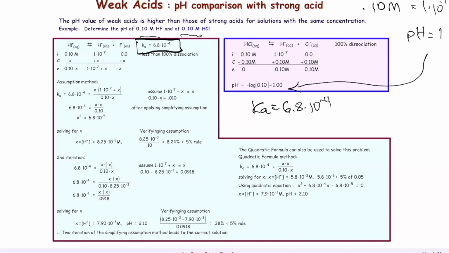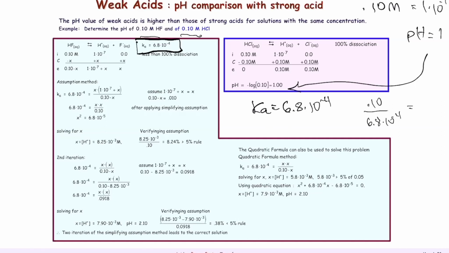Let's see if we can do the simplifying assumption. The initial concentration for HF is 0.10. The Ka is 6.8 times 10 to the minus 4. Let's see what that equals. Remember, in order to validate the simplifying assumption, you take your initial concentration divided by the K equilibrium. If that is greater than 400, then your simplifying assumption applies.